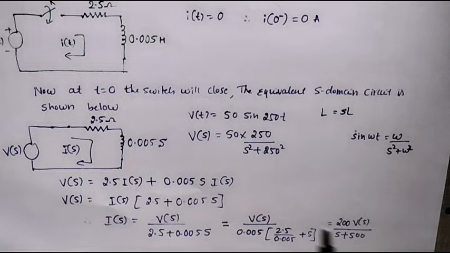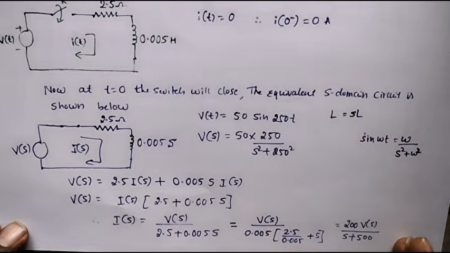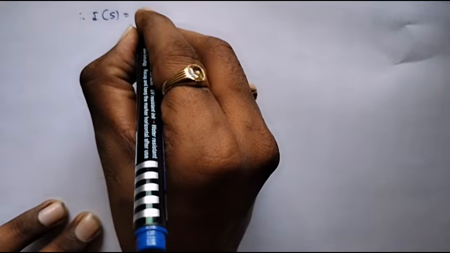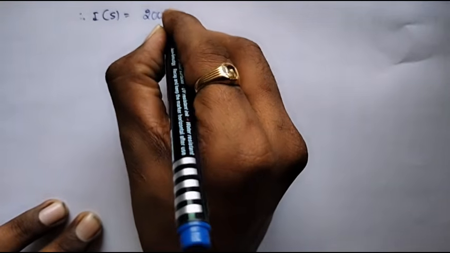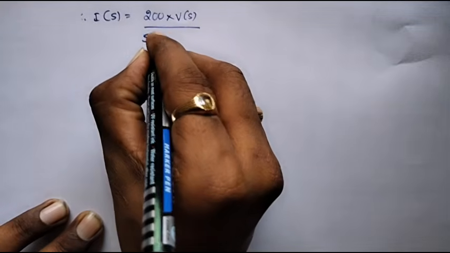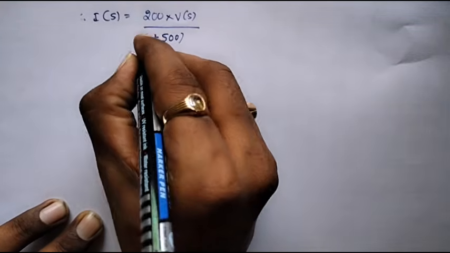Now let's substitute the value of V(s) in this equation and simplify further. I(s) is equal to 200 into V(s) divided by s plus 500.